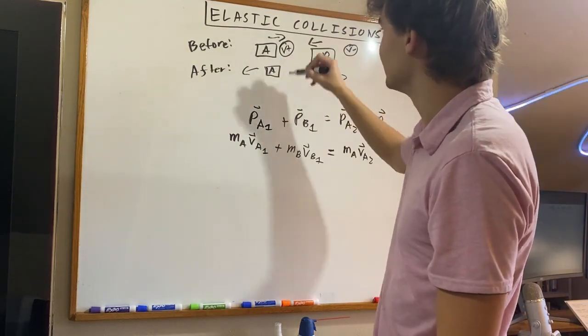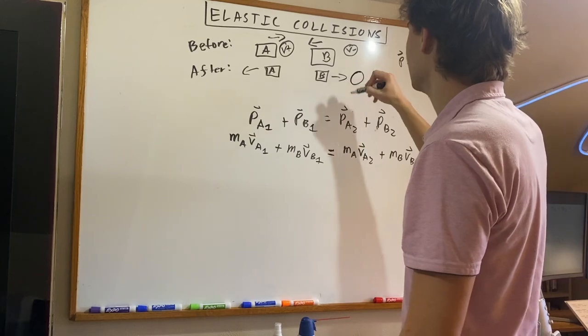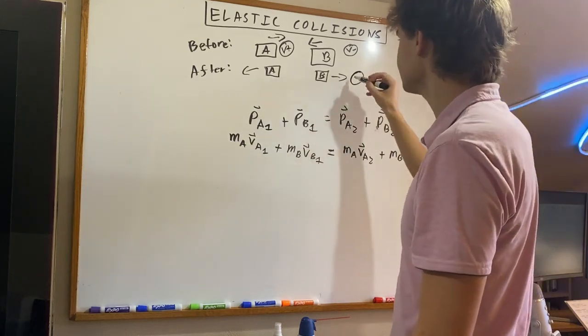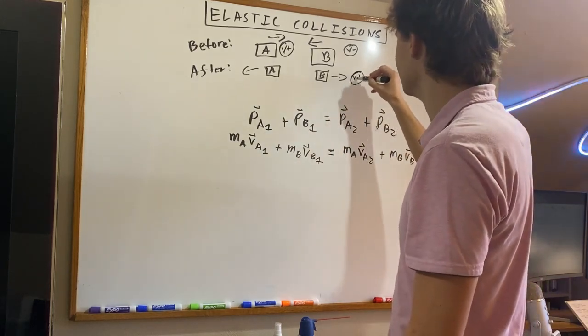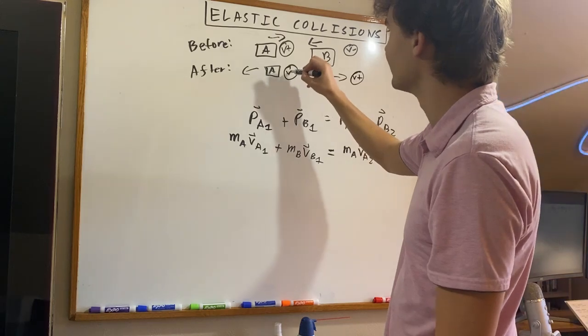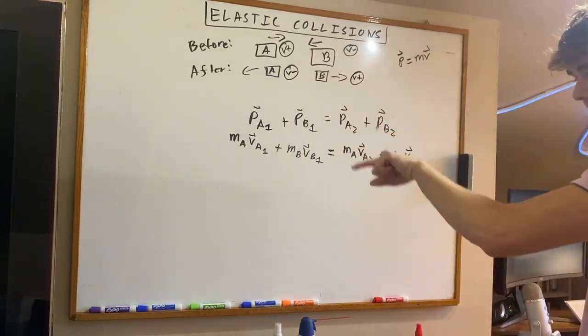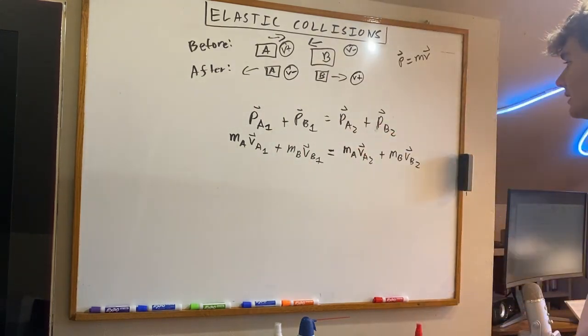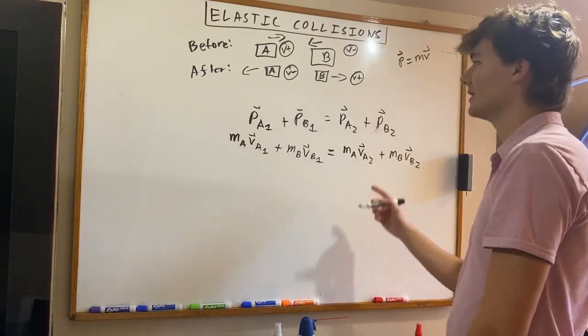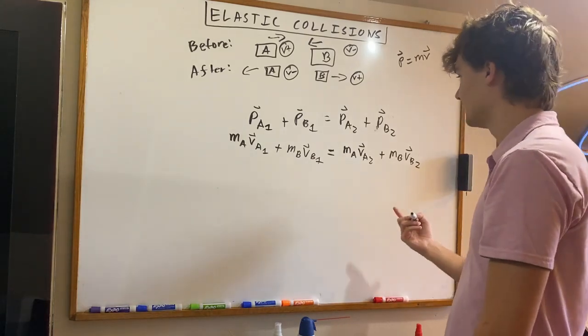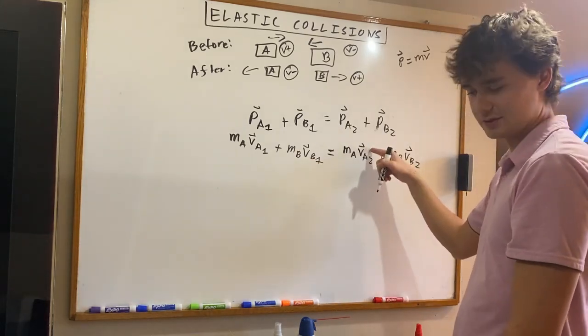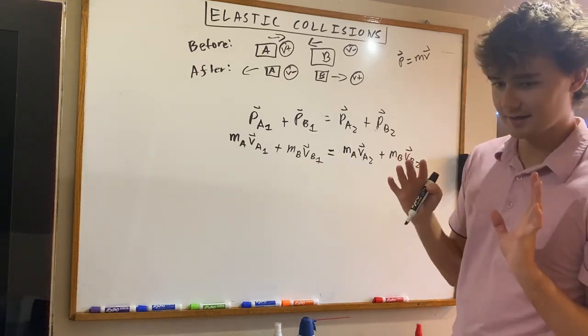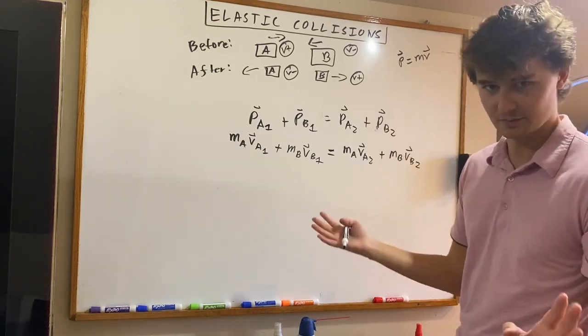For A, the velocity is going to be positive. Afterward, the B velocity is going to be positive, and the A velocity is going to be negative because A is going left, B is going right. So we can rearrange this equation to fit that. These velocities are vectors, which means they can have a direction, so they can be negative or positive.